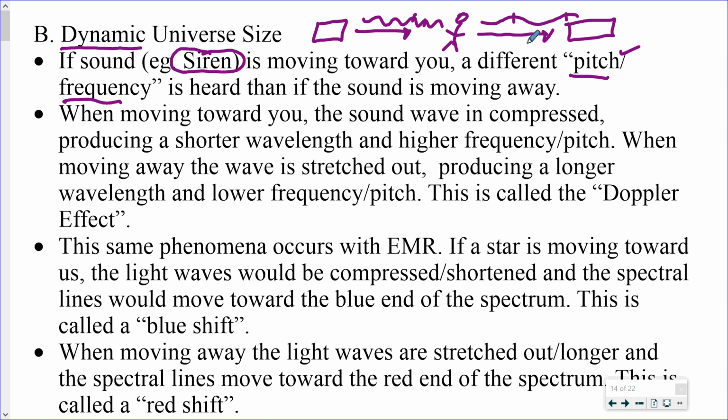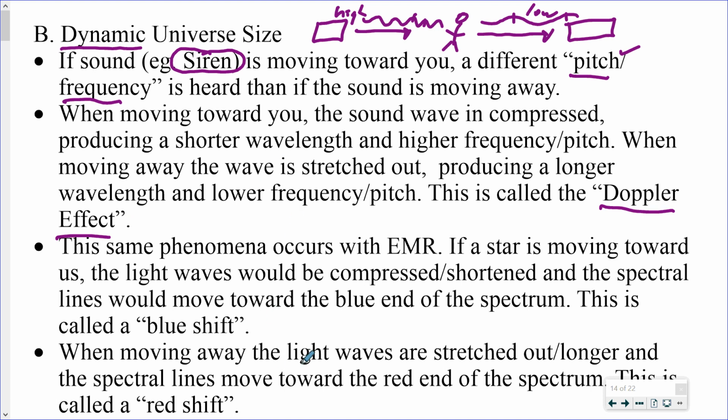So we've changed the wavelength. This would be a high pitch sound, and this would be a low pitch sound as it's moving further away. This is what's referred to as the Doppler effect, and we see exactly the same thing when we take a look at light as what we see with sound waves. So it's also the Doppler effect, only now we're taking a look at light.